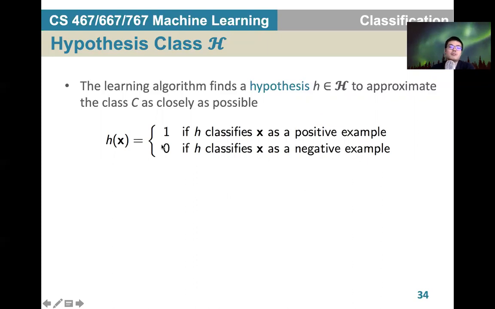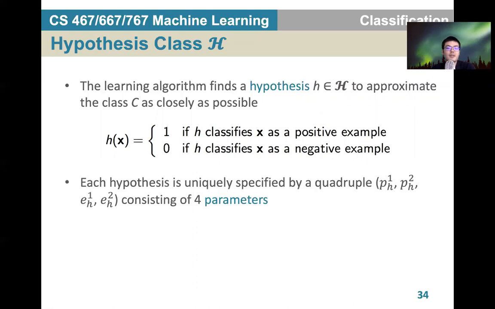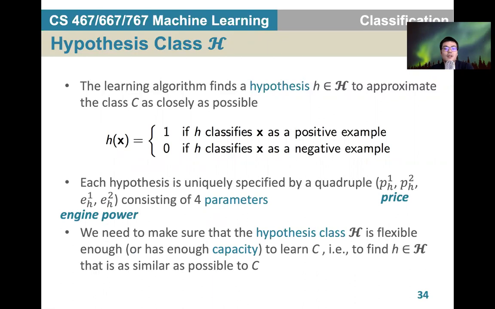The hypothesis or the model gives 2 labels, 1 is positive, and 0 is negative. The hypothesis is uniquely defined by a parameter theta of 4 values: the low end of the price, the high end of the price, the low end of the engine power, the high end of the engine power.